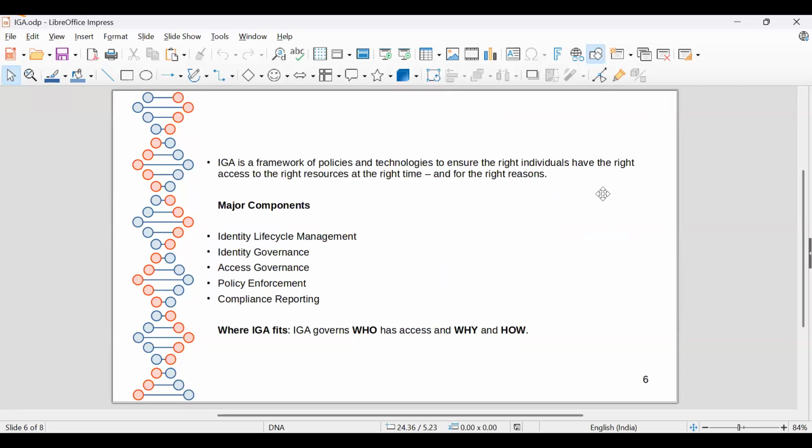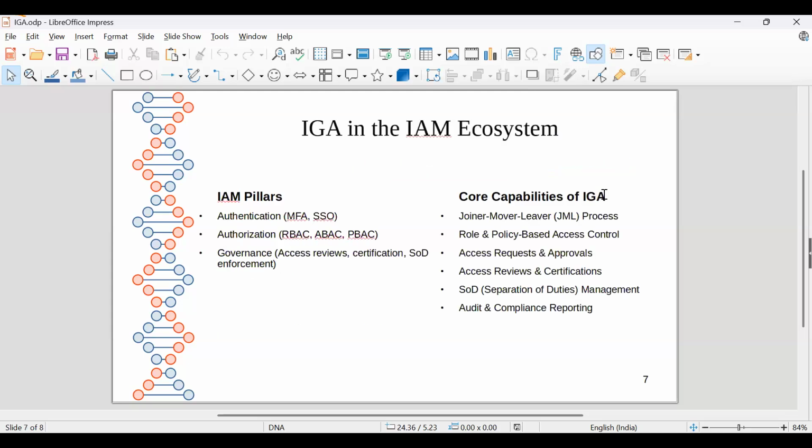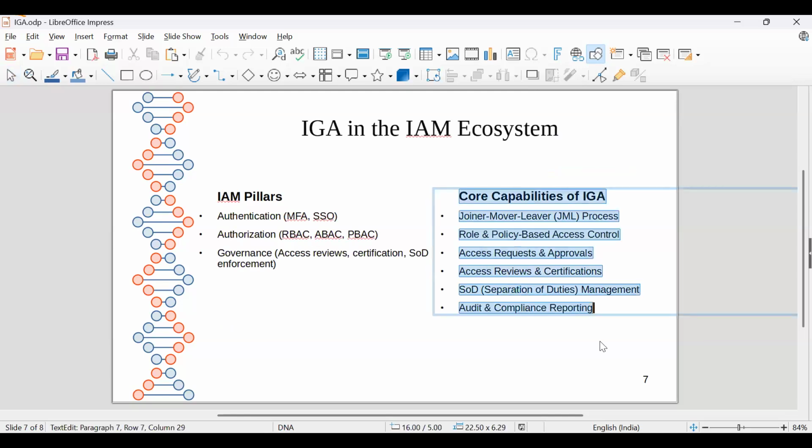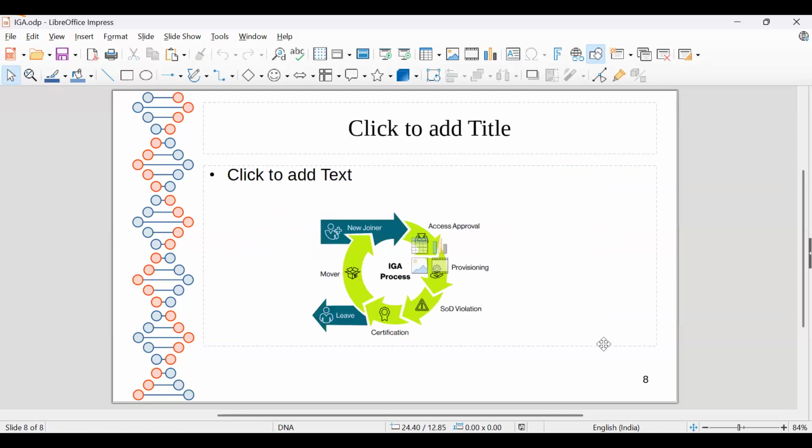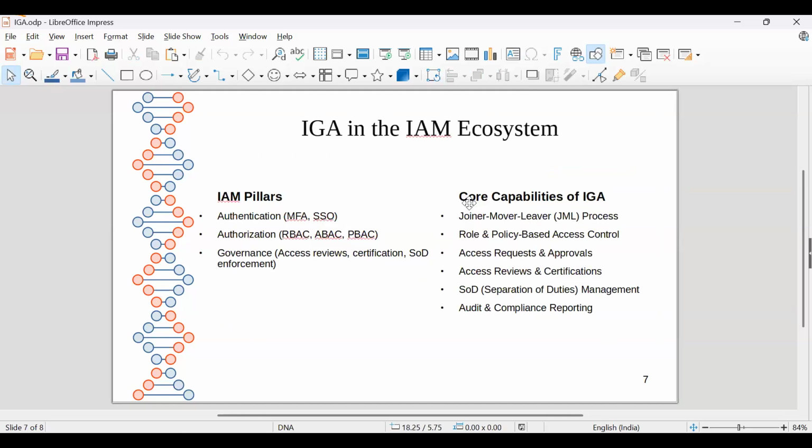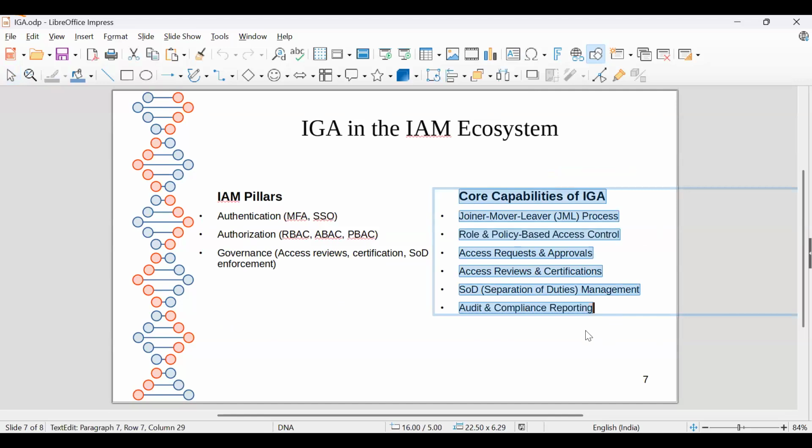After understanding what governance is, we moved into IGA altogether, identity governance and administration. What are the major components that play a role as far as IGA is concerned, and at which areas IGA fits in. What the different IAM pillars are, and what the different core capabilities of IGA are. After this, we started the core capabilities of IGA in the next session.